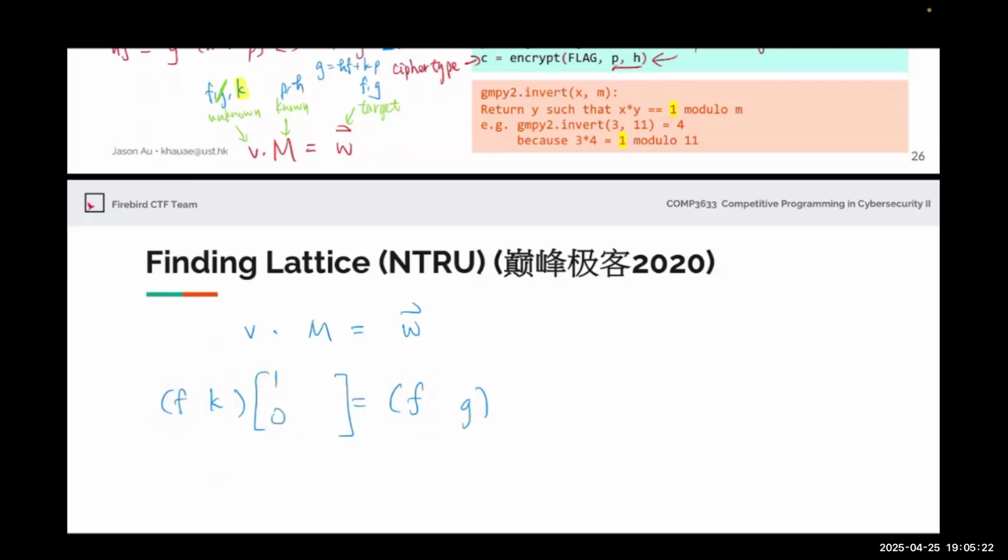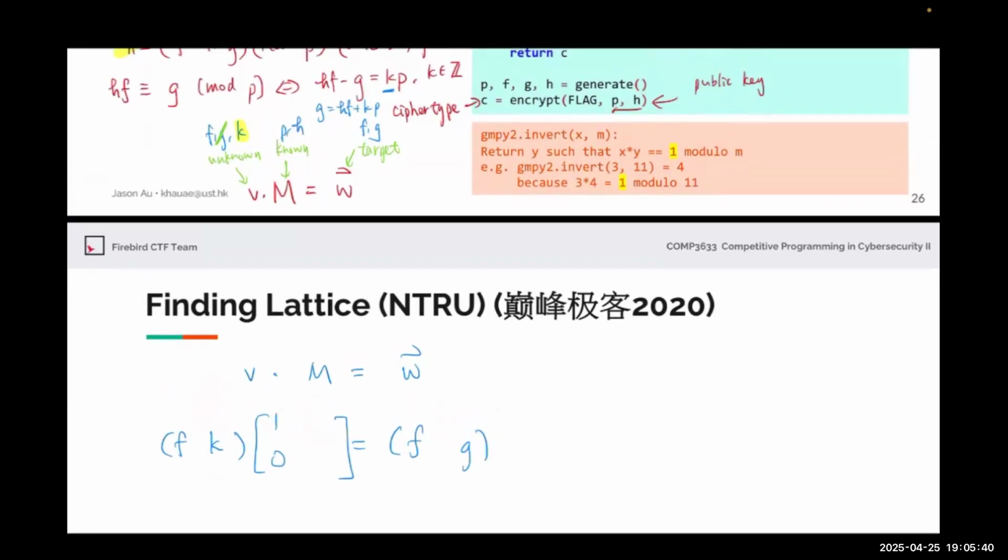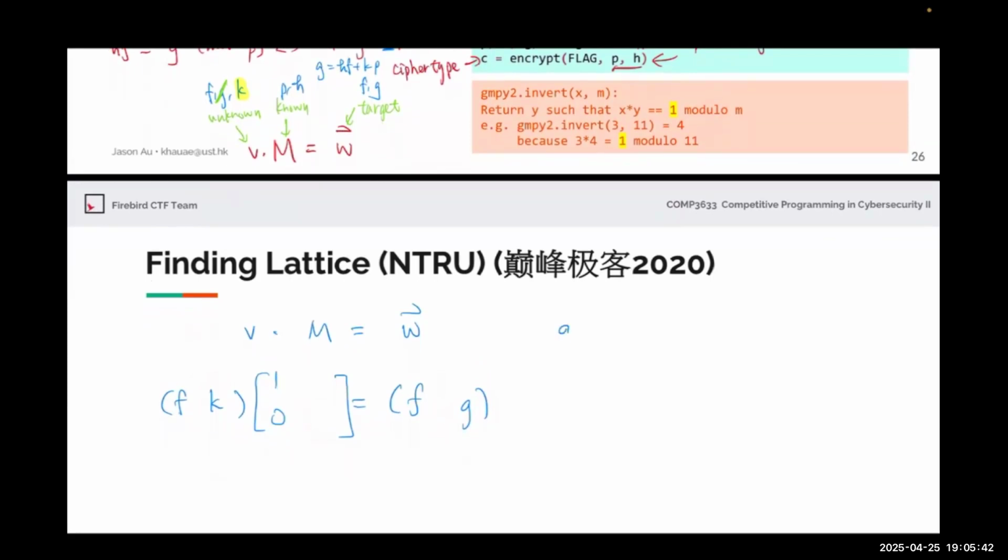This gives F times 1 plus K times 0, which gives us F and no K. For the other one, we have F times something plus K times another thing giving us G. So we recall what G is. G is actually HF plus KP.